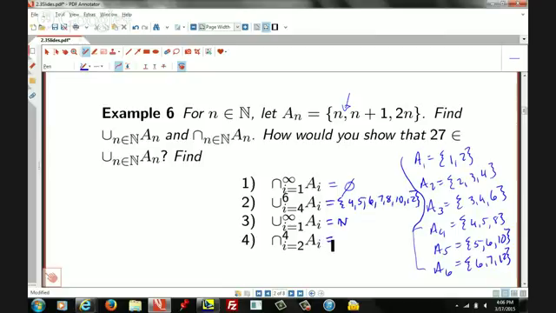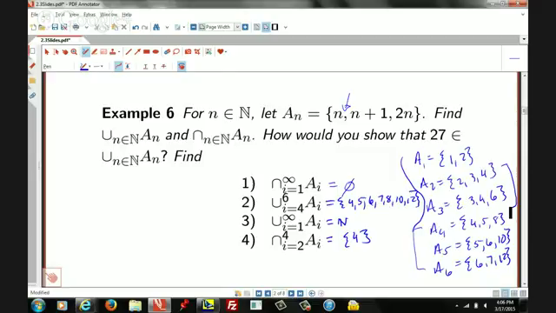Now, let's look at this last one. What's the intersection from i equals 2 to 4? Just 4, from 2, 3, and 4, those ones right there. Do you guys see how to use set indexing? It's just the name of the set so you can identify which one they're talking about.